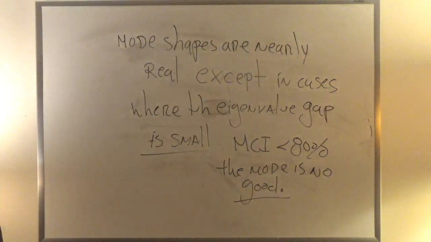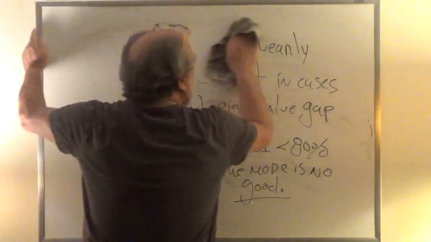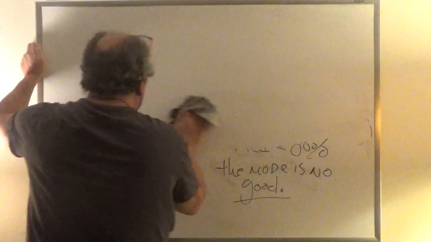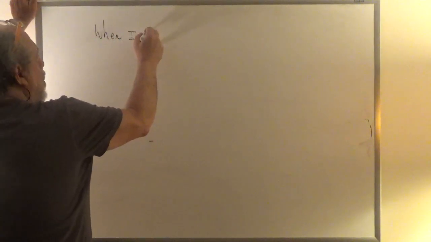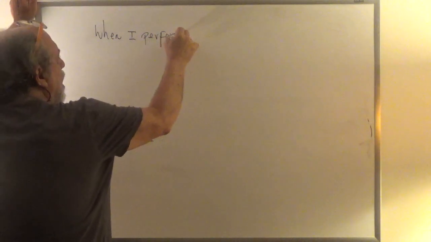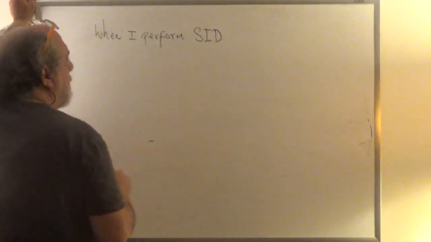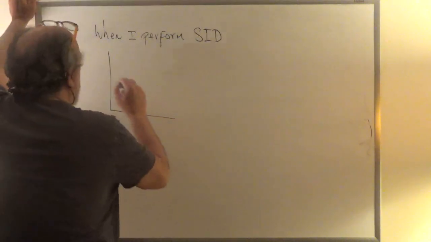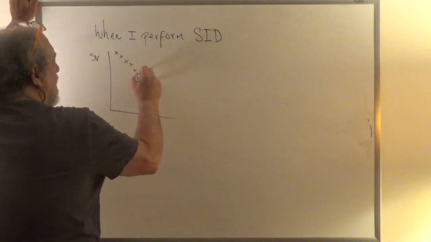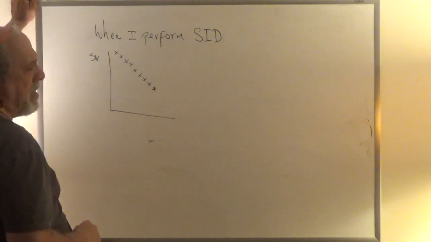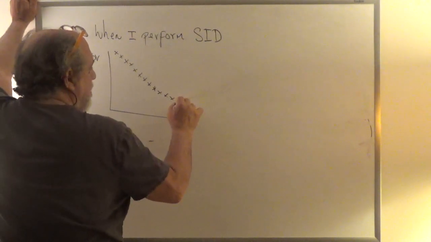For the purposes of this course, and your ability to perform system identification correctly, you are going to say this: when I perform system ID, I have my singular values of the Hankel matrix, and I may not see any clear gaps.